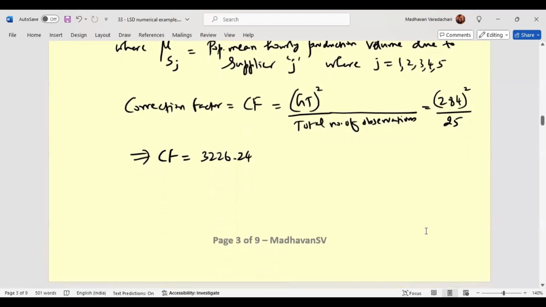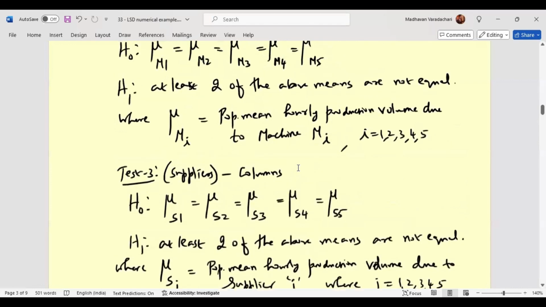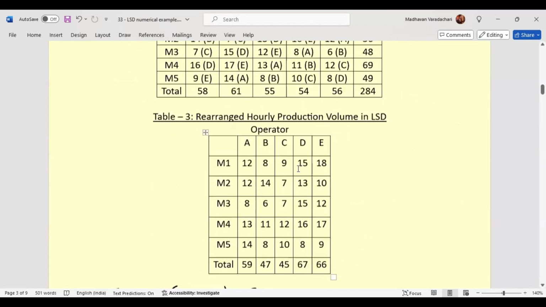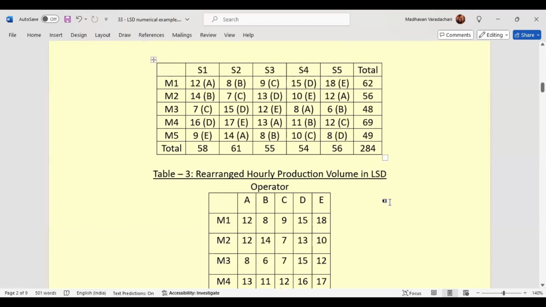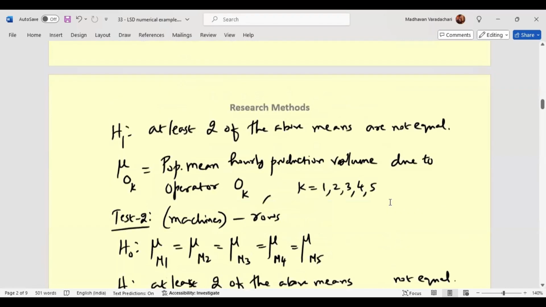Now let us find out sum of squares of rows. That is, every row we will take the total, square the total. First row 62 square plus 56 square plus 48 square plus 69 square plus 49 square. Then it has to be divided by 5, as every total is made out of 5 observations. Then finally subtract it with the correction factor.